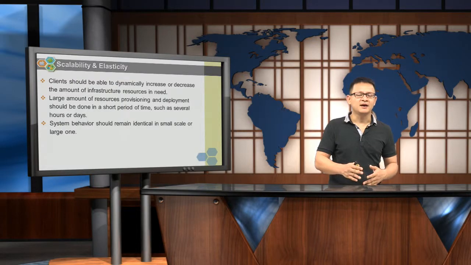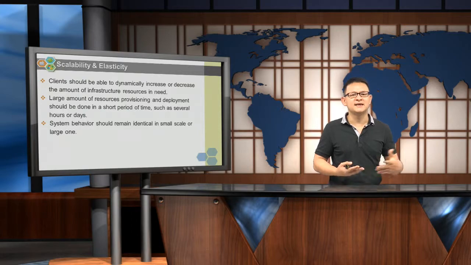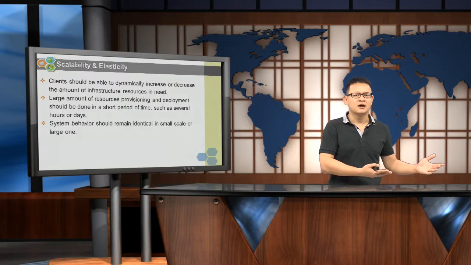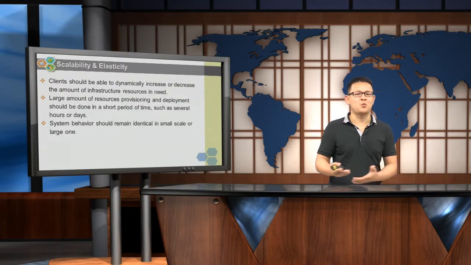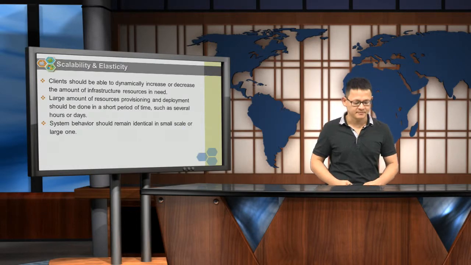In this case, the behavior matters, because the most important thing is user experience. I don't want the user to see a difference between a small scale and a large one. So it should be adjusted automatically, but it always has to guarantee the behavior of my system.